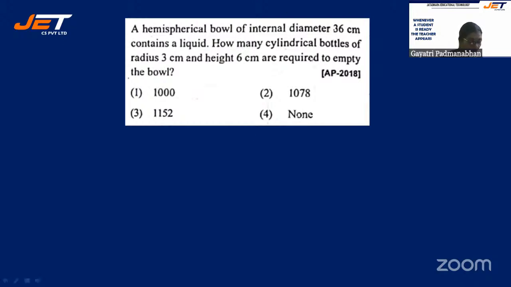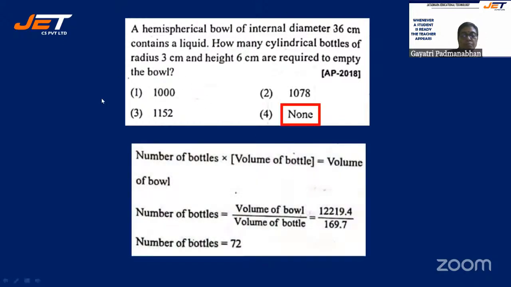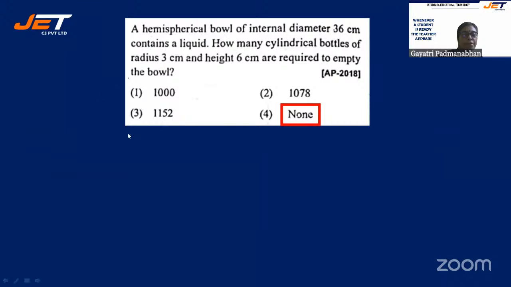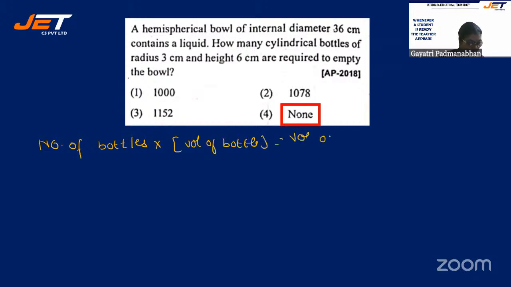Now, number of bottles. So see here, number of bottles into volume of bottle is equal to volume of bowl.